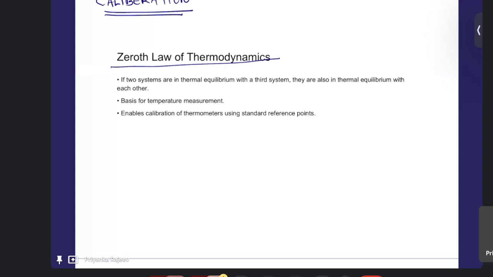Likewise, for temperature in thermodynamics, the idea of calibration is described in the form of the zeroth law of thermodynamics. So for temperature, this calibration is termed the zeroth law of thermodynamics.